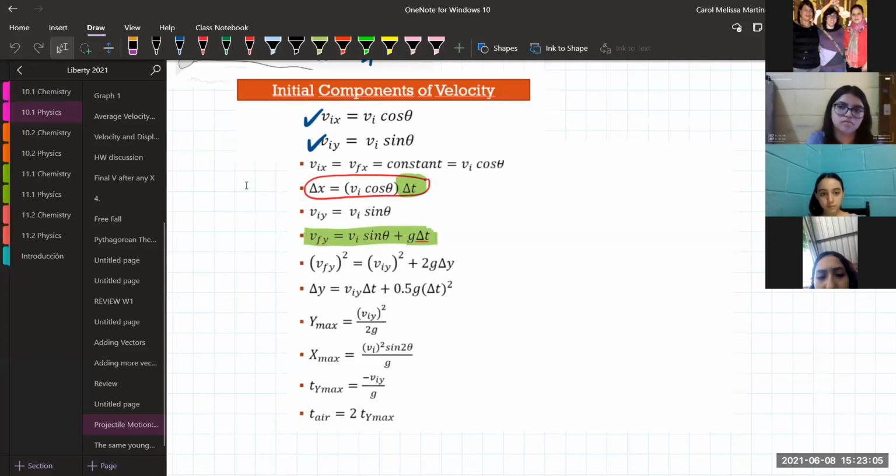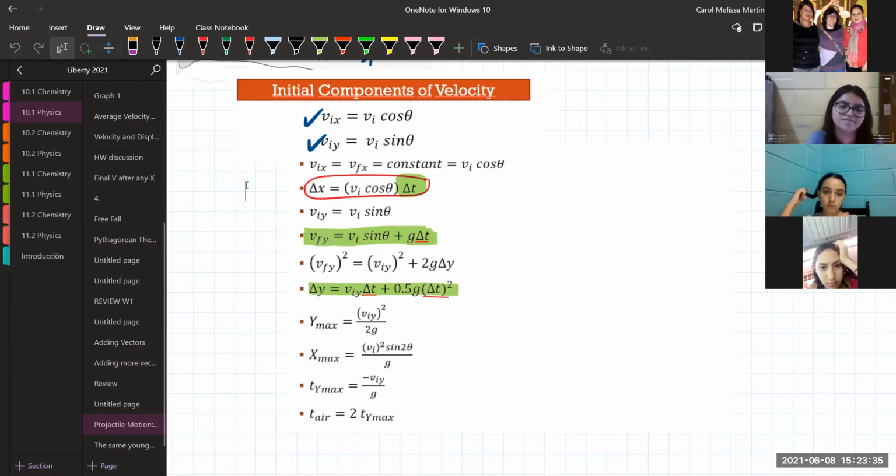And also the formula for delta y uses delta t. Nothing more. Those are the only two equations that we could use, because I need to get the time.